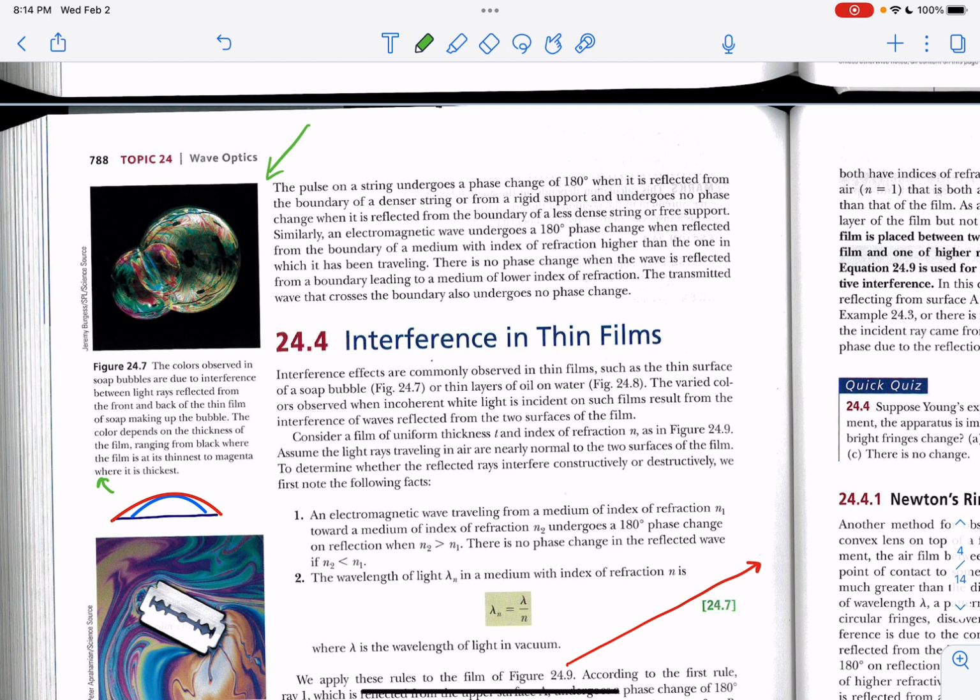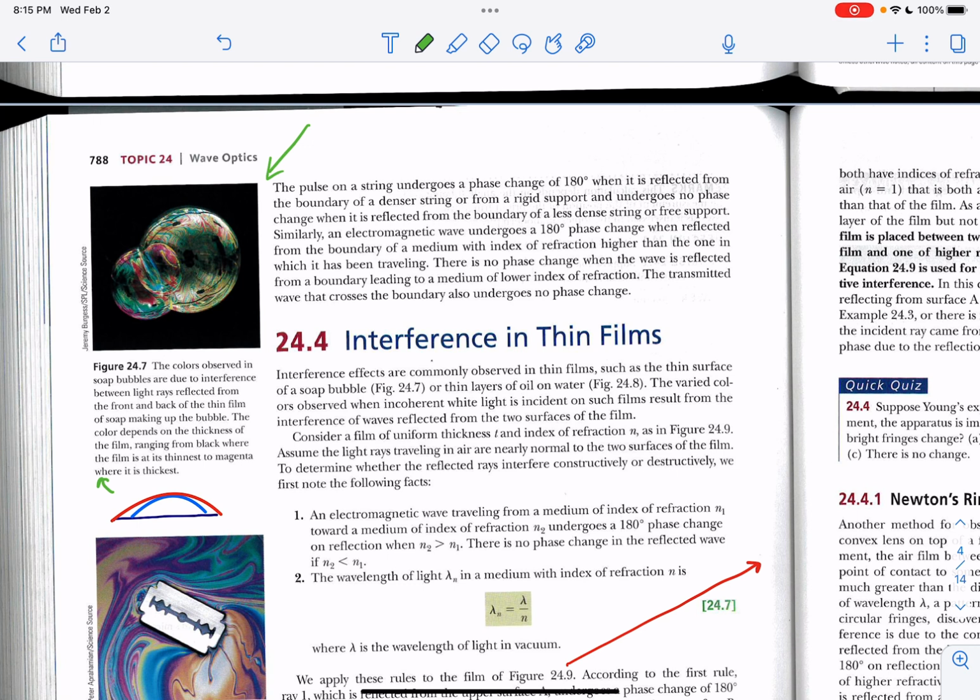Or it could even be a bit of oil resting on top of a raindrop or a pool of water on a parking lot or a garage, where that oil is some of the grease that inevitably gets on surfaces where cars have been. We're going to talk about that in just a minute, about why you get that interesting pattern.